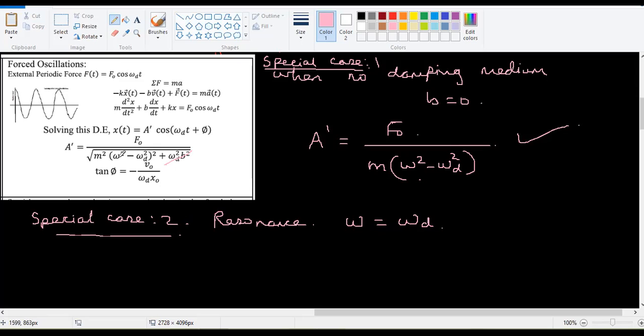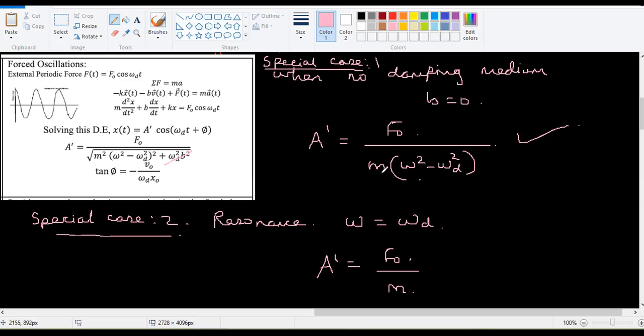So if this is the case, this term and this term will cancel. So what is remaining is only m. And what did I say in resonance? The amplitude will be maximum, right? So F naught divided by this, this term and this term will cancel out, which means I'll be getting m.